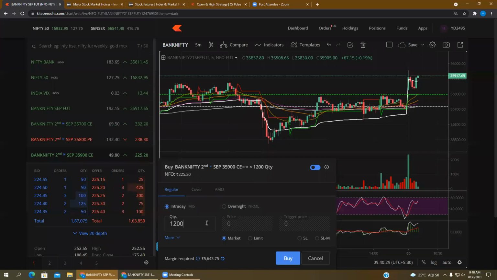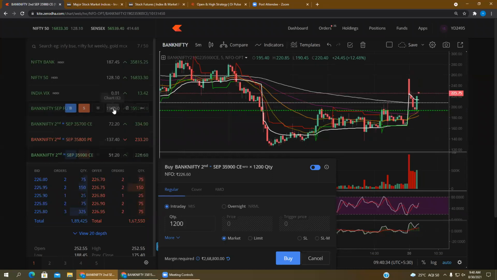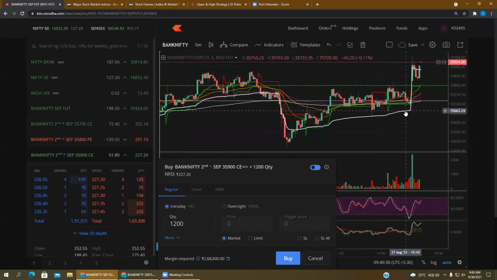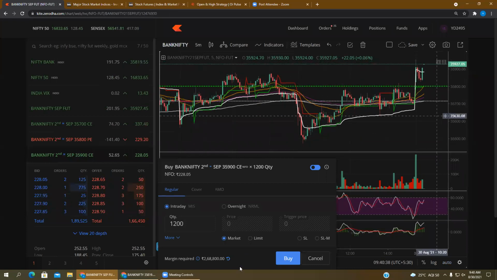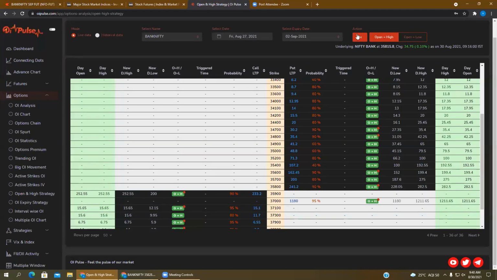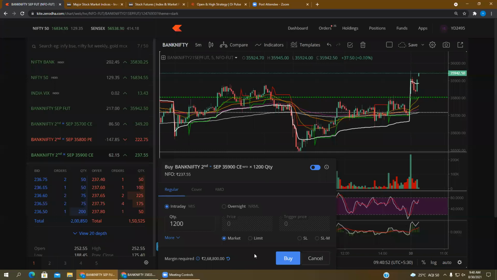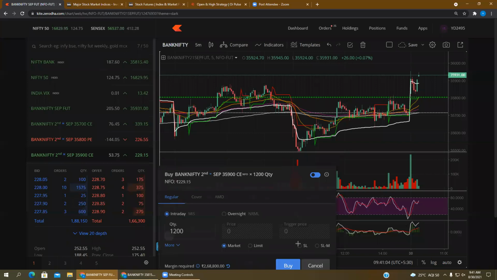This call also has open high 252, 252. 35,200 to 300 is quite deep. Yeah, I only do buying. I'm not into selling.